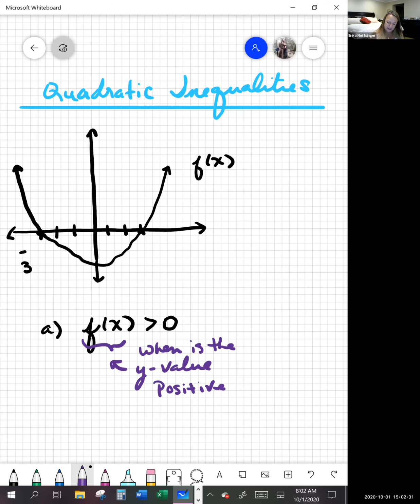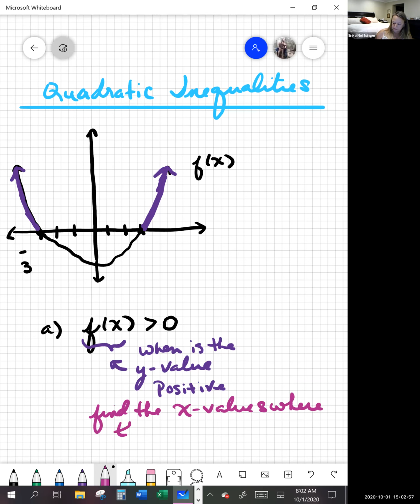If we look at this, it's going to be positive when it's above the x-axis. And so what we're trying to find are the x values where this is bigger than 0. So we're going to find the x values where this is true.